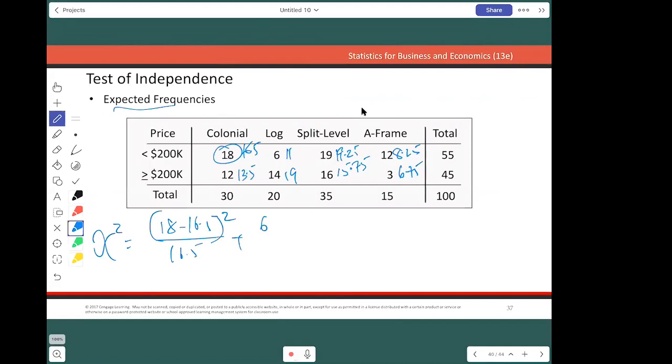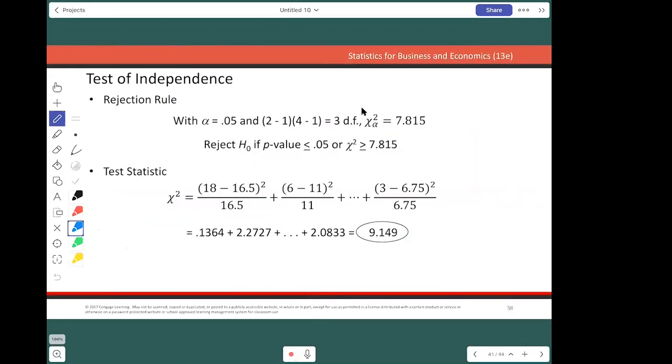I'll do 2 more. 6 minus 11 squared over 11, plus, on the very last one, 3 minus 6.75 squared over 6.75. And that will give us a chi-squared value. It turns out to be 9.149. That's what we get right there.